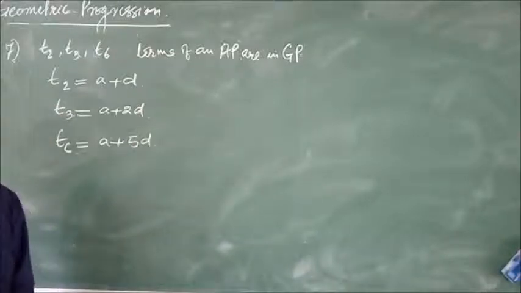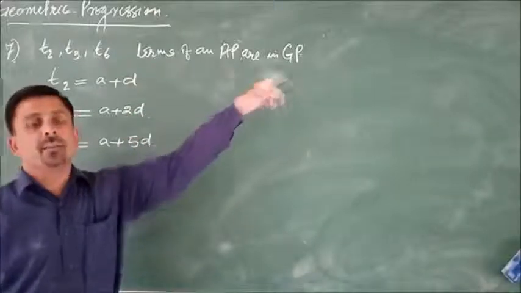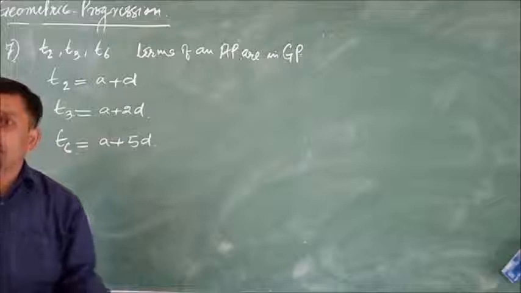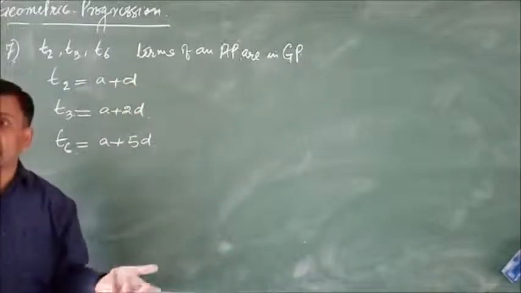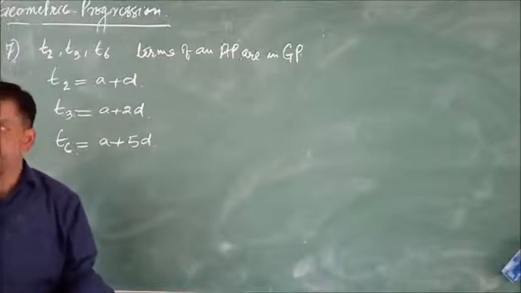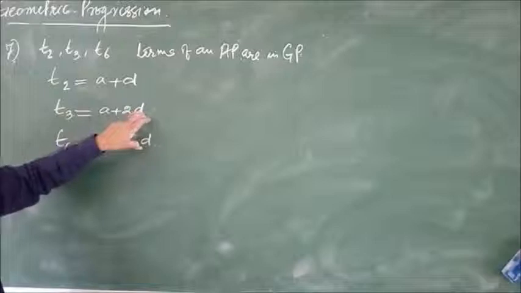But later on it was realized that these three terms are now in GP. Now these three terms became consecutive terms of GP. Because they are consecutive terms of GP, their common ratio has to be the same. So the ratio of these two has to be the same as the ratio between these two.